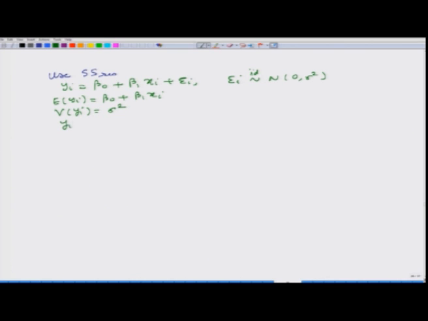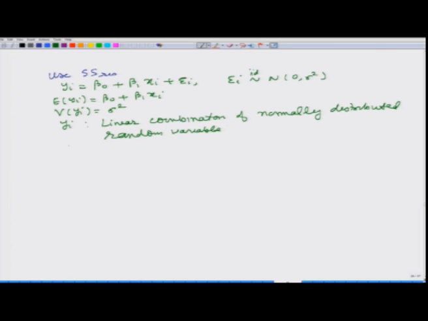Moreover, the yi's are a linear combination of normally distributed random variables, which in our case is epsilon.